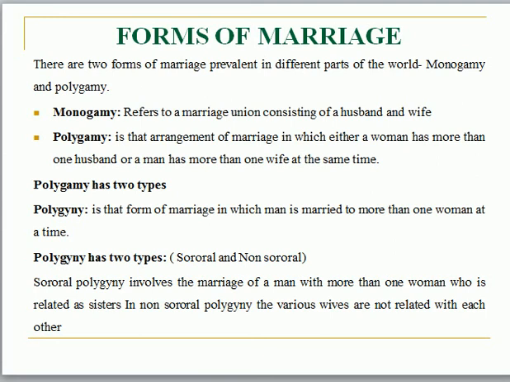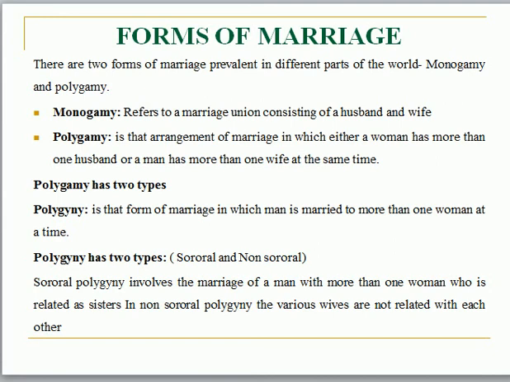That is called polygamy. Polygamy is one of the main concerns of society, and it has two more types to be explained.